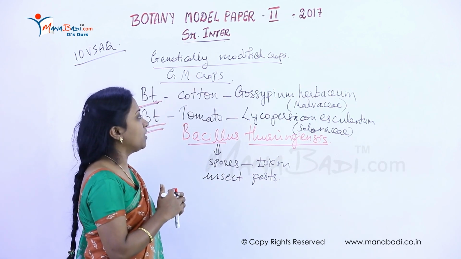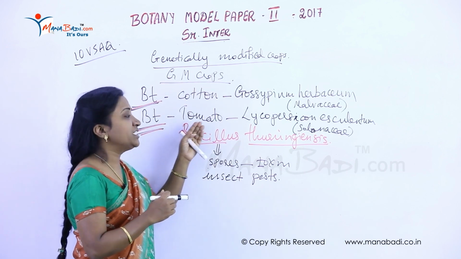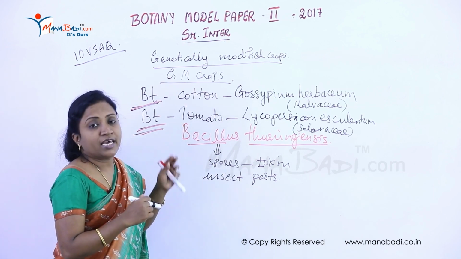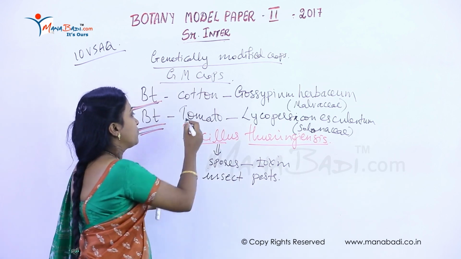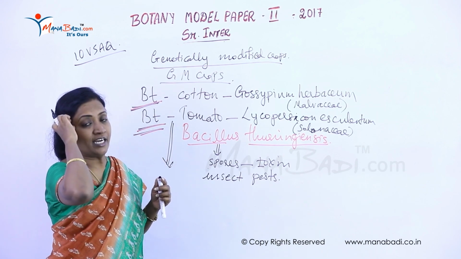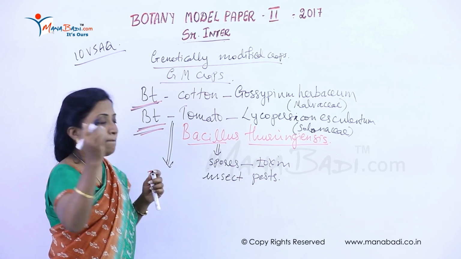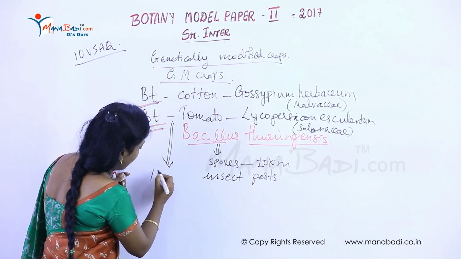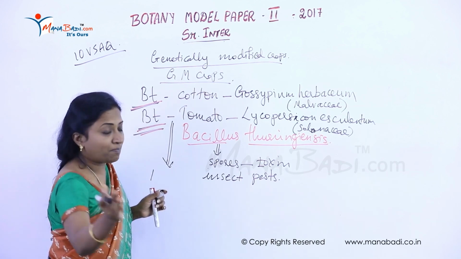So in the case of BT tomato, the tomato plant is usually infected by a bacterial pest.